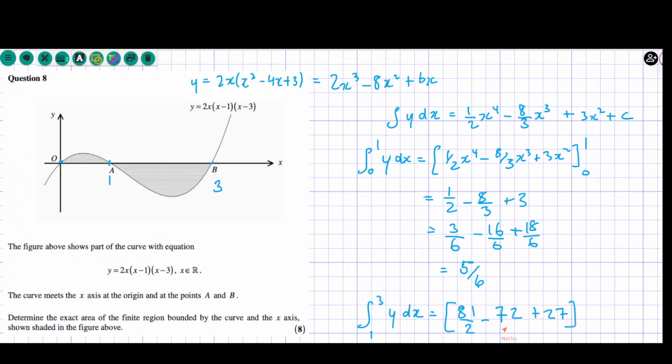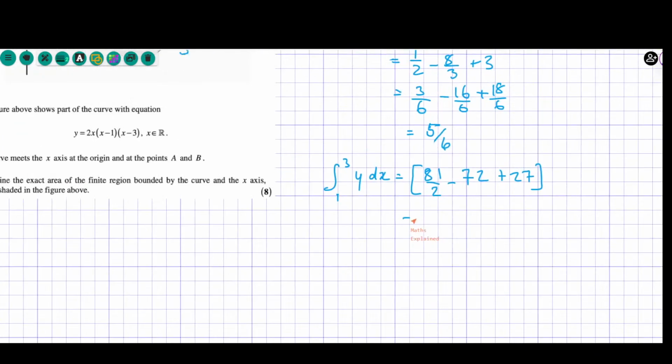And here actually we're doing something we haven't. I didn't really talk about this in much detail because each time it's been 0, but when we are finding the area between 2 points, we subtract. And that's the fundamental theorem of calculus. I probably should have talked about that in more detail.